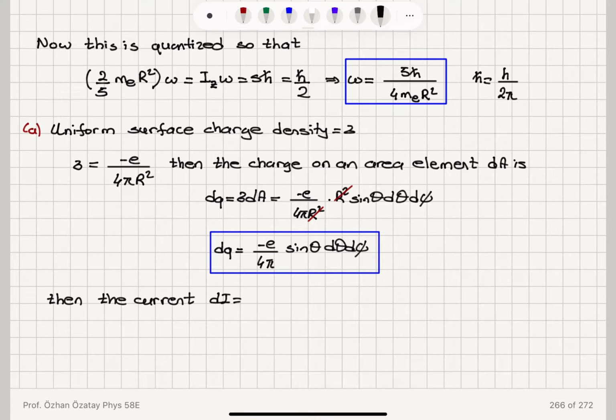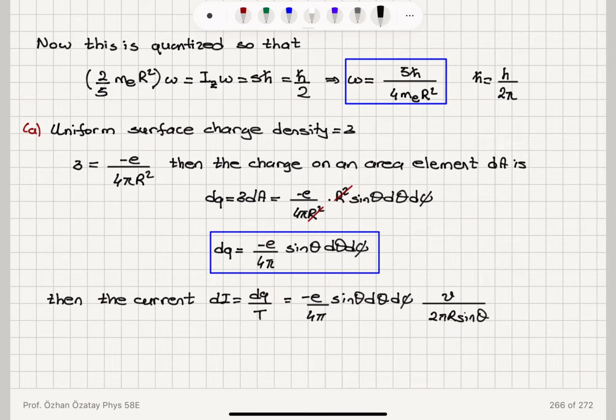So dI will be this charge dQ completing one turn in a period capital T. So this is basically minus e divided by 4 pi sine theta d theta d phi, and for the 1 over the period we can substitute v divided by 2 pi R sine theta.